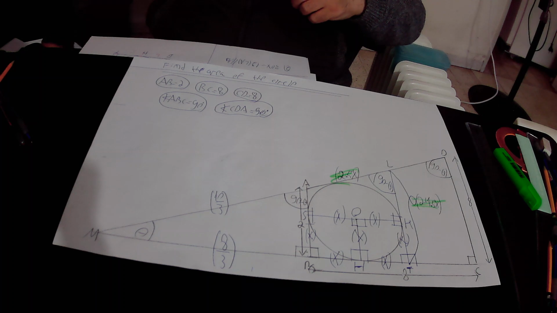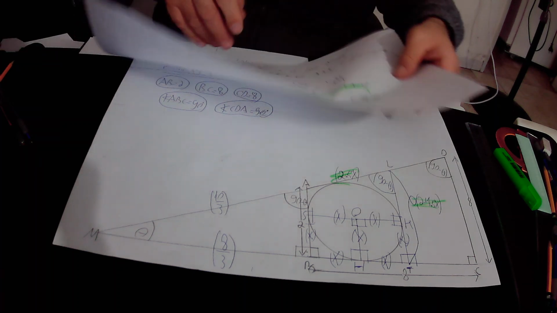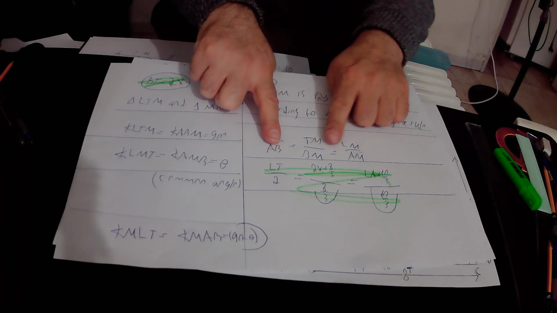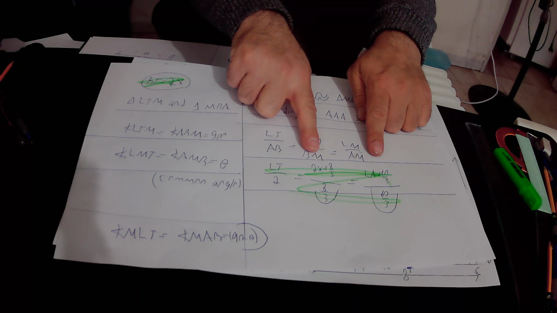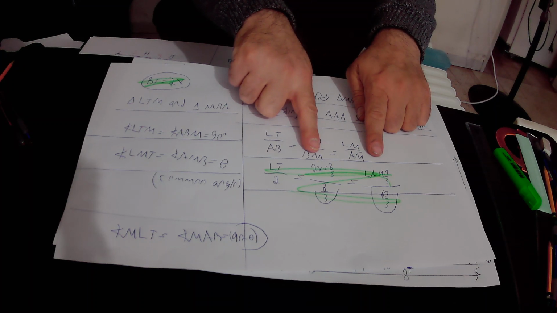Then we continue to focus on the long equation that we created. In this long equation, those two sides are equal to each other, therefore we created equation 2 from those two sides.